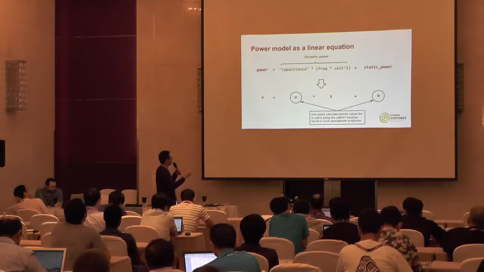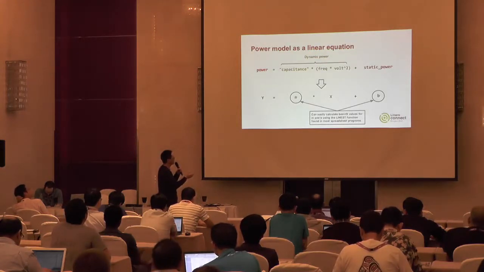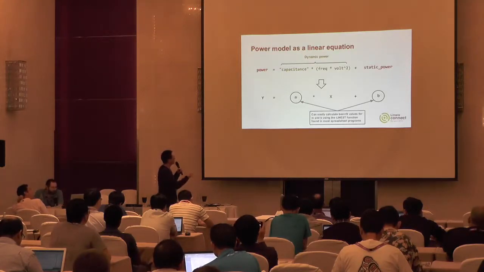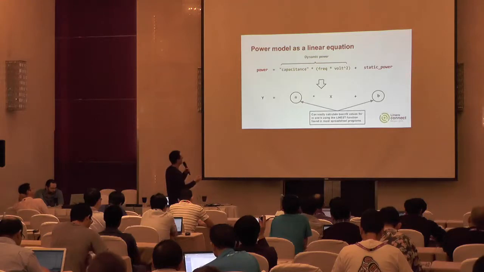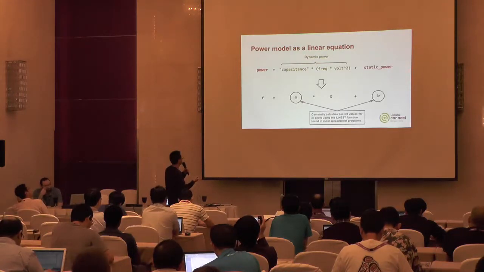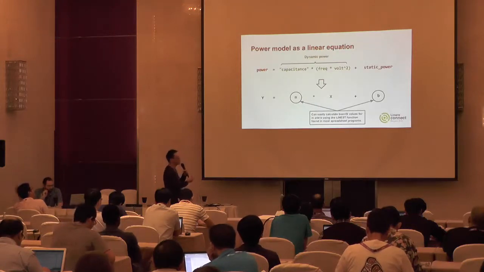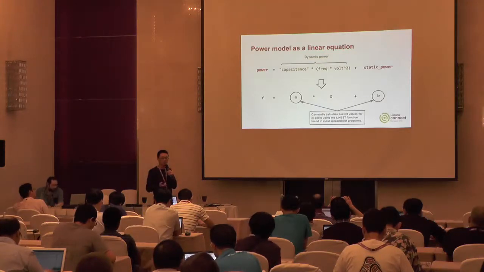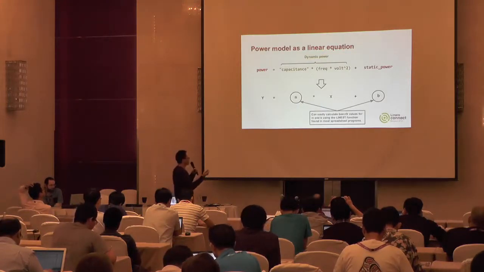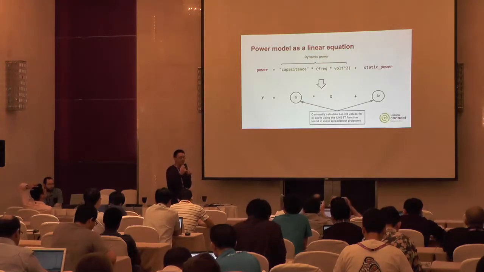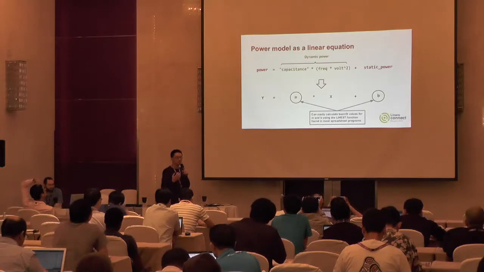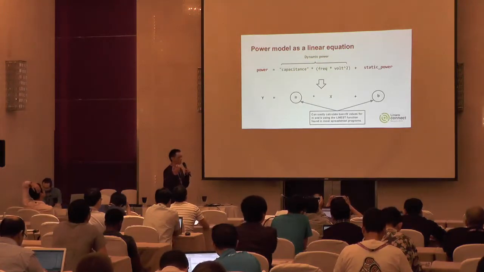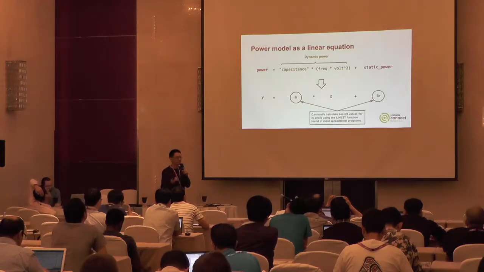The dynamic power's detailed equation is capacitance multiplied by frequency multiplied by voltage squared. From this equation we can see that the capacitance is a constant value because it relies on the SOC's process. The static power is not a constant value because it is changed, impacted by the temperature.